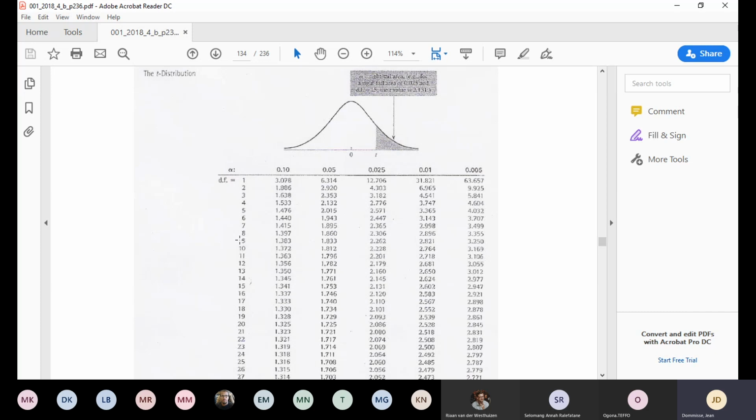They tell us that we're working with a 99% confidence interval. So what is alpha? It is 1 minus the 99%, so that is 0.01. So what would you have said? Do we look at degrees of freedom 9 and 0.01?